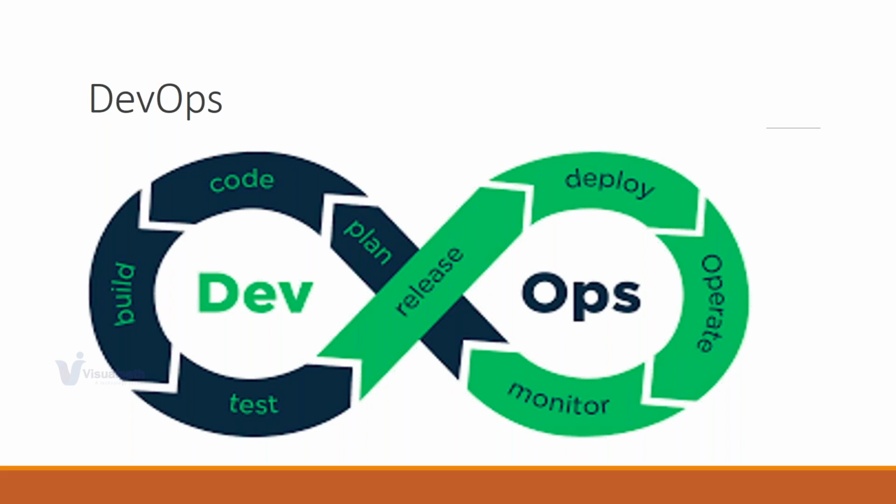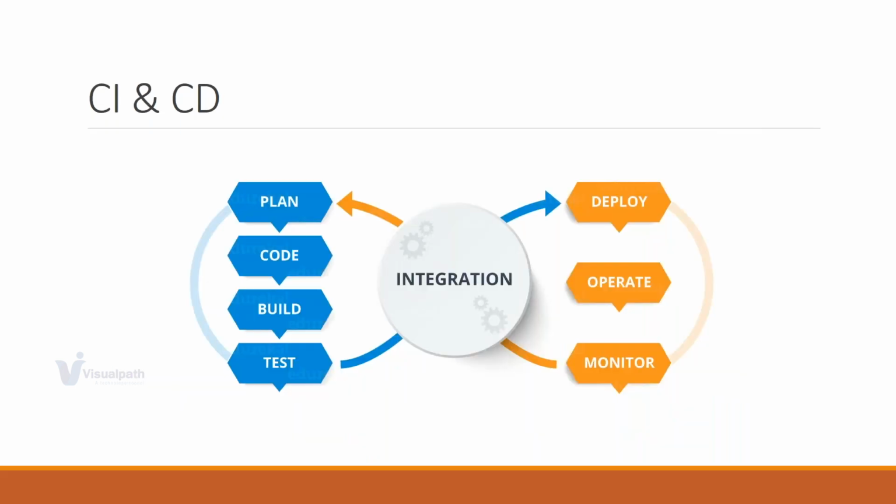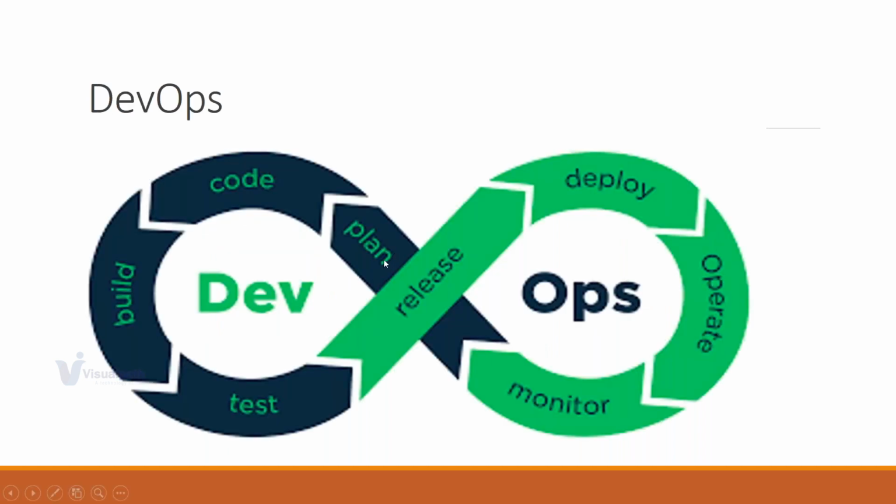Now let's talk about the other concept called CI and CD. CI stands for continuous integration. First let me explain what is meant by integration, and then I'll go to continuous integration. As I already told you, whatever you see here on the left side, this entire flow we call integration: plan, developing your code, build and test.